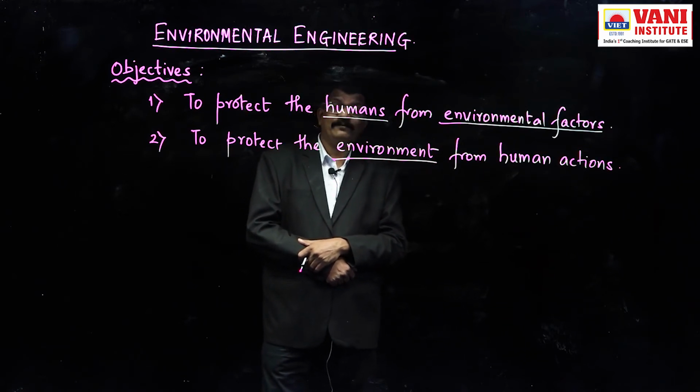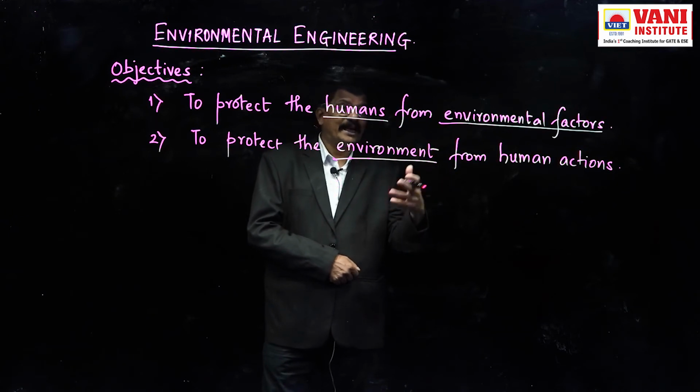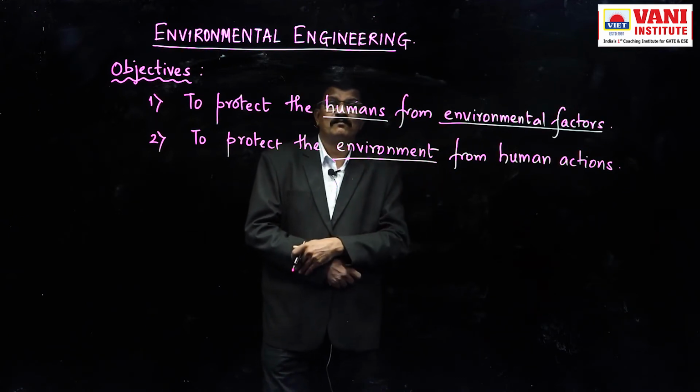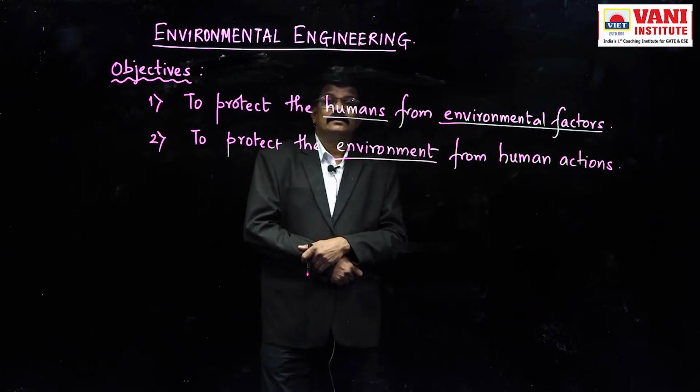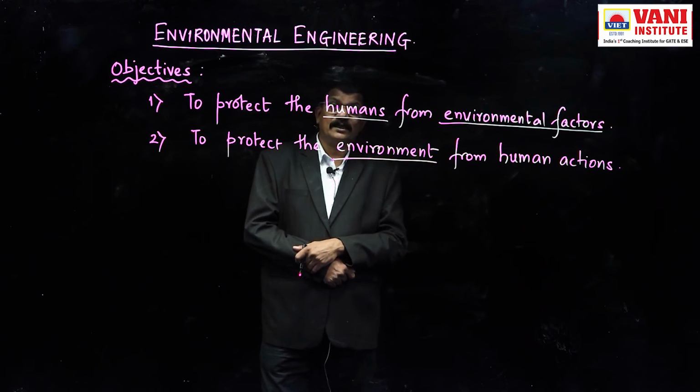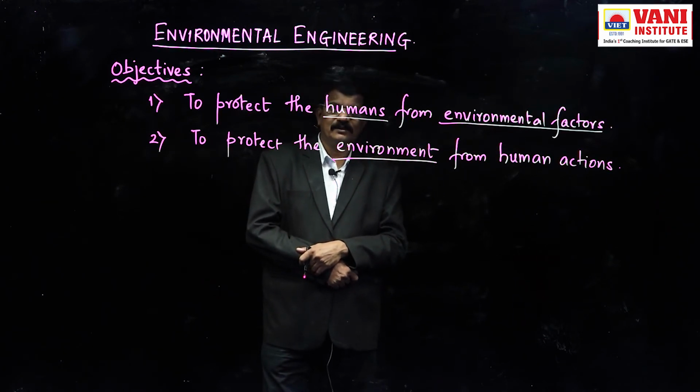And here, out of all the factors or the actions that a human can have on the environment, we are going to study about water that is wasted by the humans.